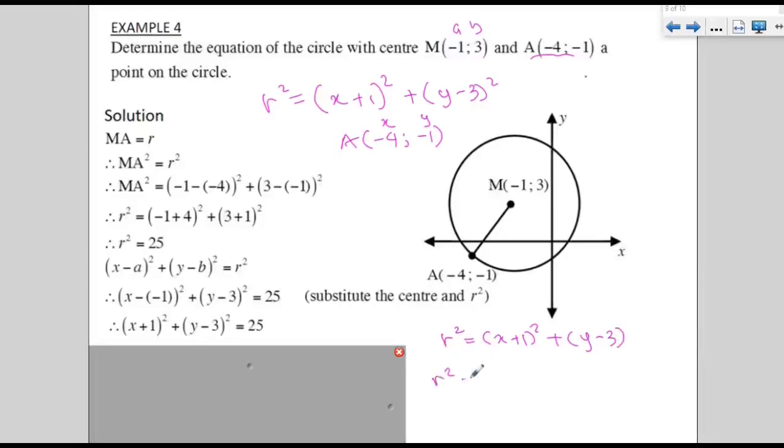Substituting there, so r squared is equal to minus 4 plus 1 all squared plus minus 1 minus 3 all squared. Use your calculator, you know that's going to be 9. Use your calculator, you know that's going to be 16, and that gives you 25. Thereafter, you get your equation of your circle.